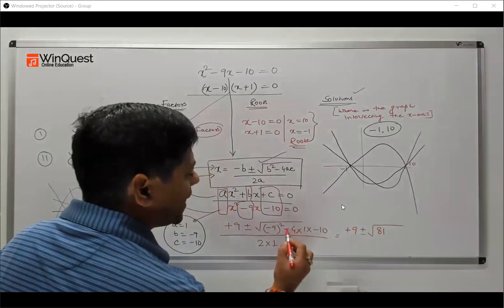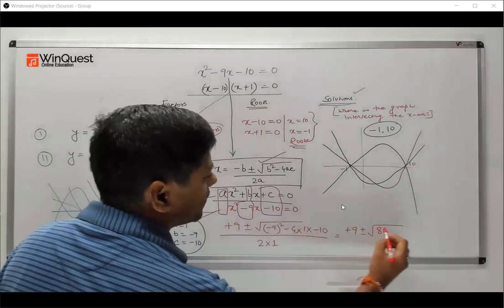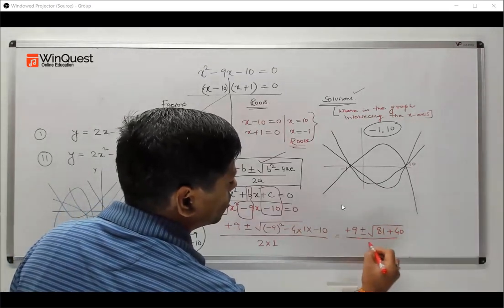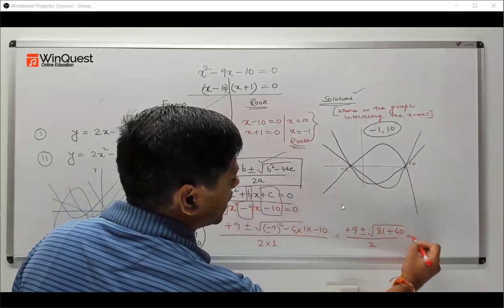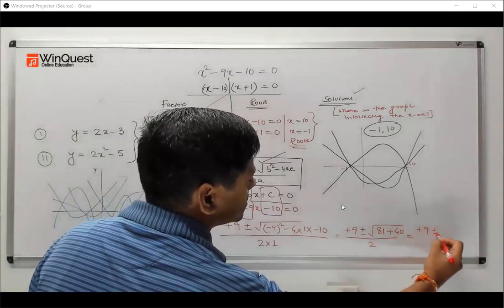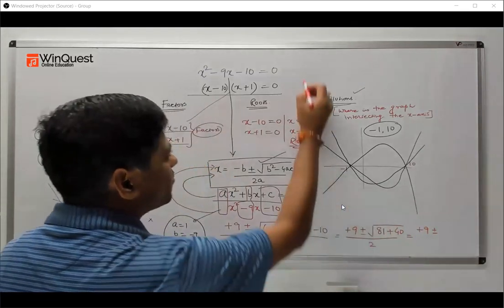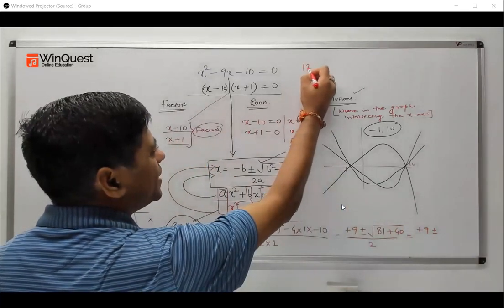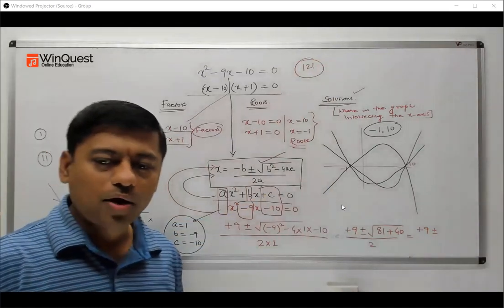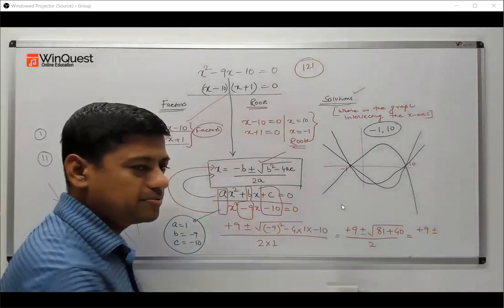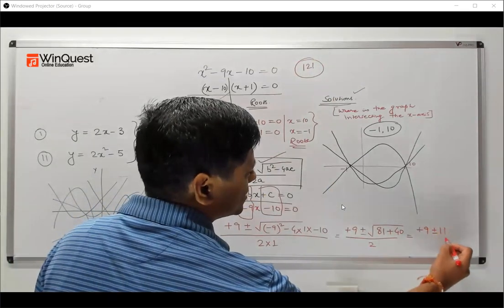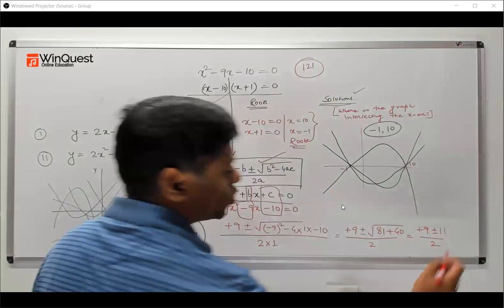Negative into negative becomes positive: 81 plus 40, by 2. This becomes +9 plus minus the square root of 81 plus 40. 81 plus 40 is 121. Square root of 121 is 11. So this is 11 by 2.